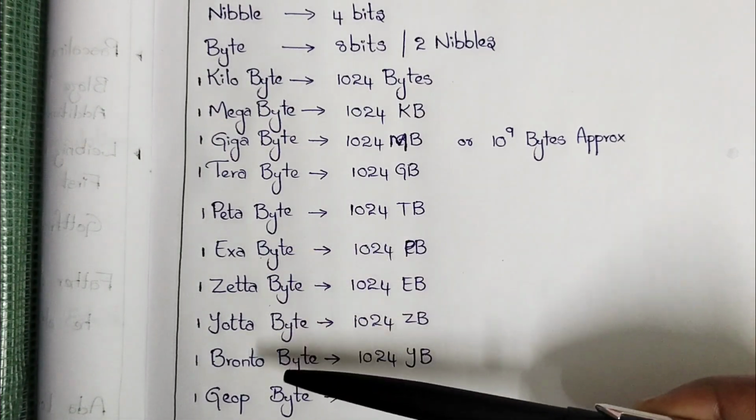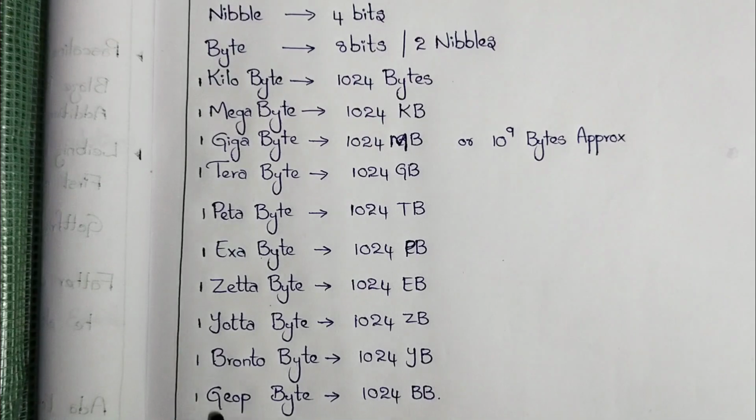Exabyte, zettabyte, yottabyte, brontobyte, zeobyte. You need to remember this.